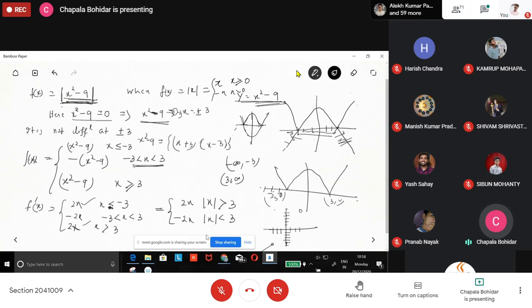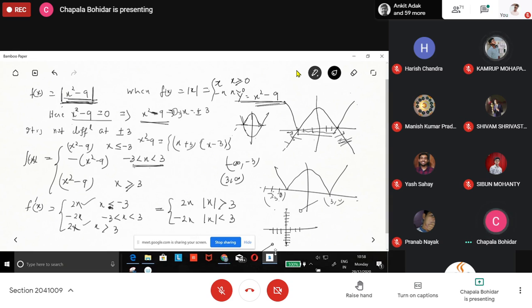So it is greater than 3 and it moves like this. By excluding the point 3, we can move like this. Clear here?